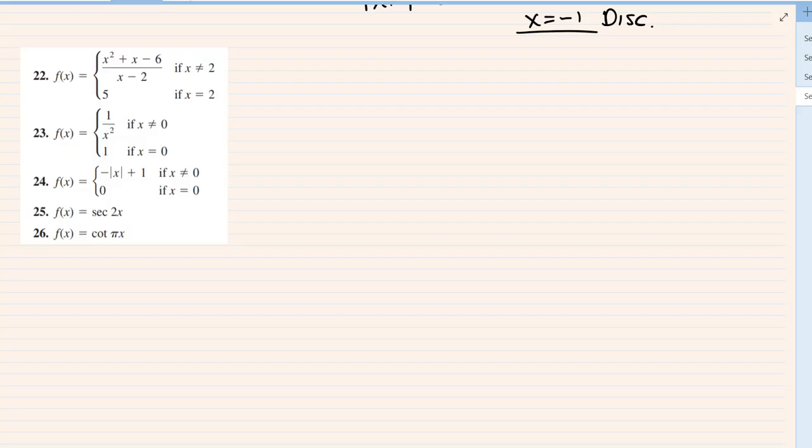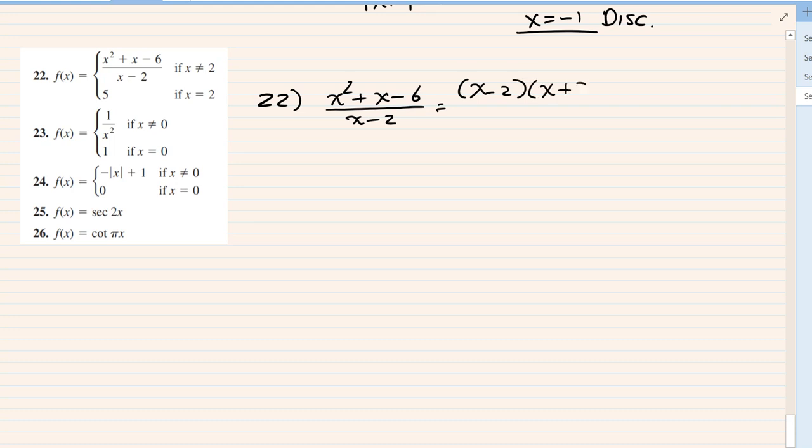Let's take a look at number 22. Okay, so in exercise 22 again we want to find the discontinuities of this function. So in number 22, first let's see if this is factorable, divided by x minus 2. I believe it's going to be x minus 2 times x plus 3.